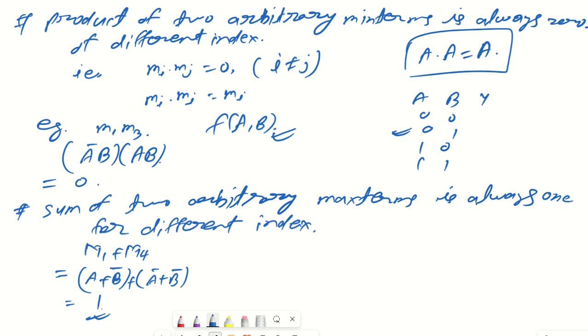Okay, now I have not told you about the sum of all the product forms, the sum of all the min terms. I think that is also done, so just quickly make a note. So the next property is the summation of all the min terms from your 0th value to the 2 to the power n minus 1th value is going to be 1.